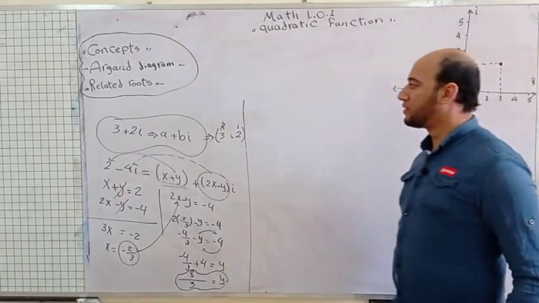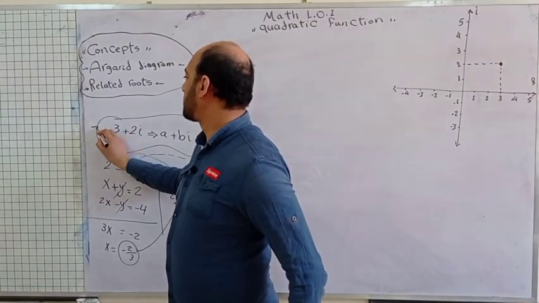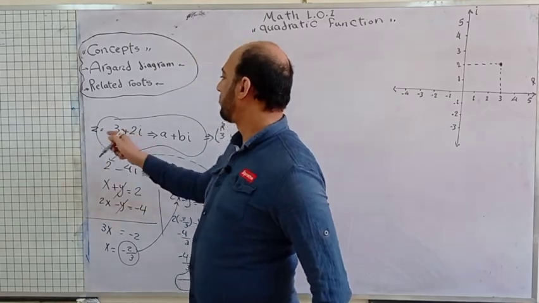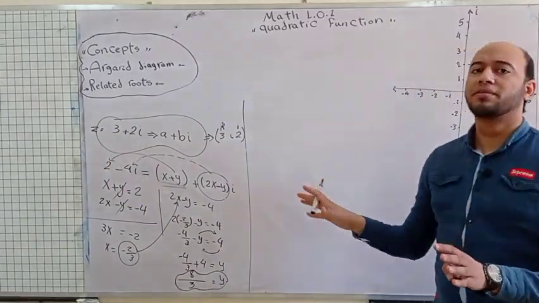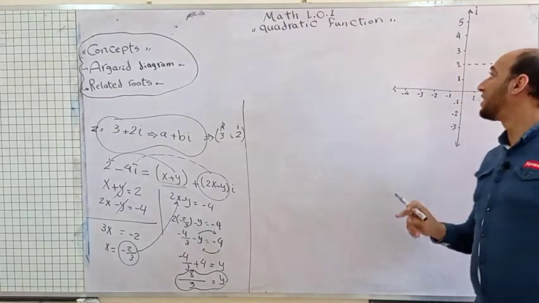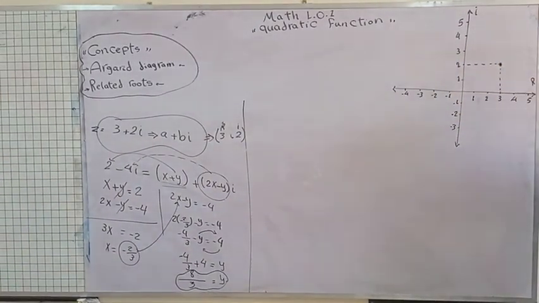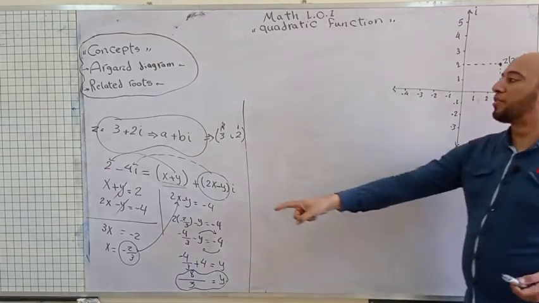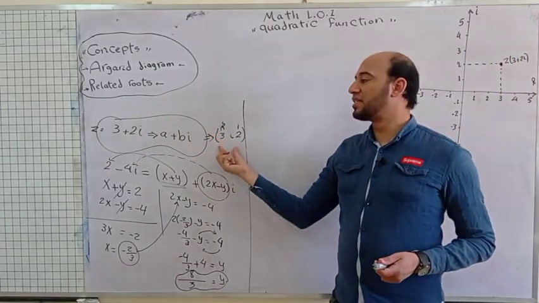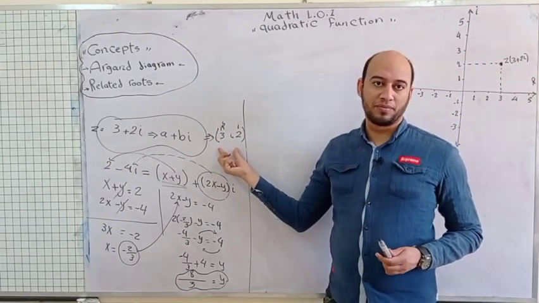If we call this complex number Z, then this point represents Z, which equals 3 plus 2i. This is the algebraic form. This is the ordered pair form.